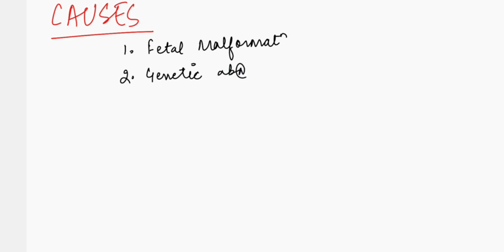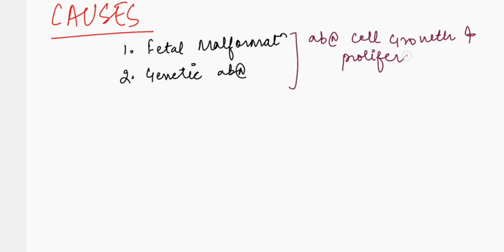Now in both these conditions, there is abnormal cell growth and proliferation, due to which there is intrinsic growth potential limitation and which results in FGR.